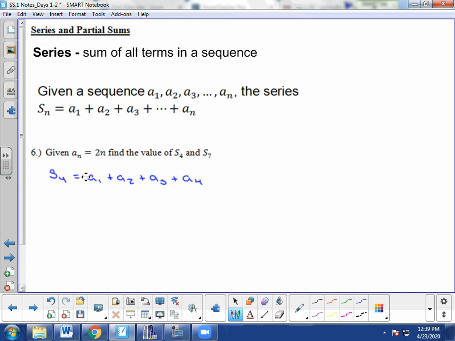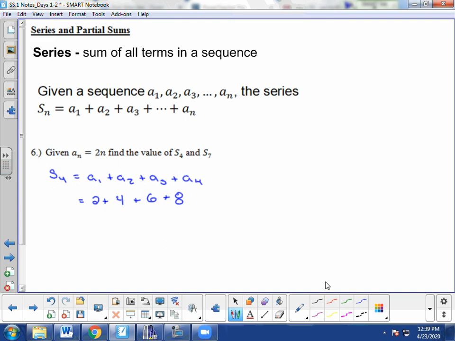So I can find those terms by taking 1 and substituting it in for a sub n. So a sub 1 would be 2 times 1, which is just 2. A sub 2 would be 2 times 2, which is 4. A sub 3 would be 2 times 3, which is 6. And a sub 4 would be 2 times 4, which is 8.